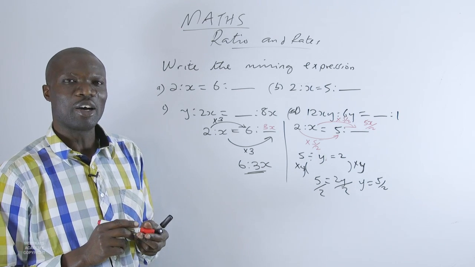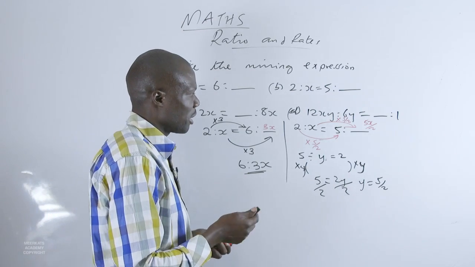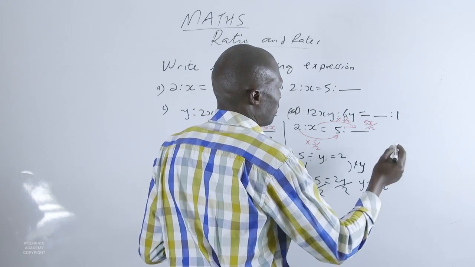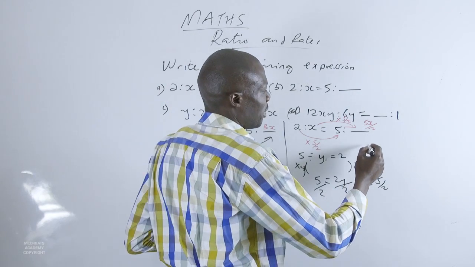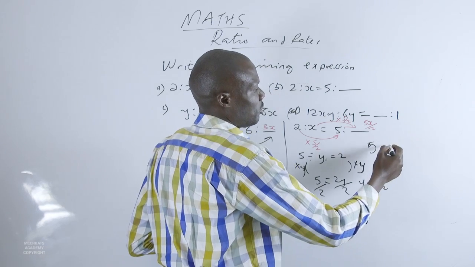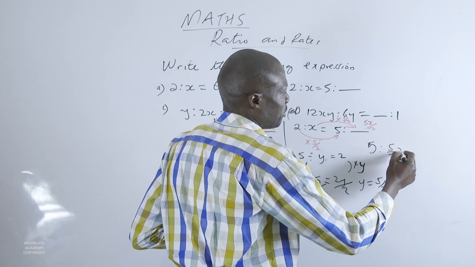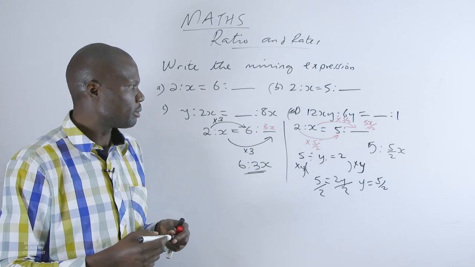So what is our ratio? The new ratio becomes, we are simply saying that 2 to x is equivalent to 5 to 5 over 2x. That is what we are looking for.